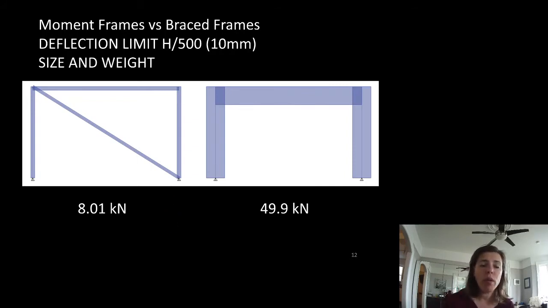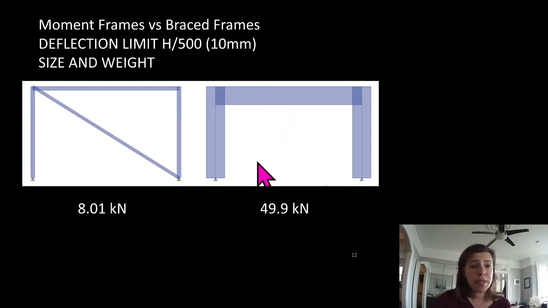We already had it work for strength, but this now is what it takes to work for strength and deflection. Our brace frame already worked. When I made it work for strength, it already met our deflection criteria. The moment frame needed to get even bigger, and look at this, more than 5 times the weight of steel to make it work for deflection.